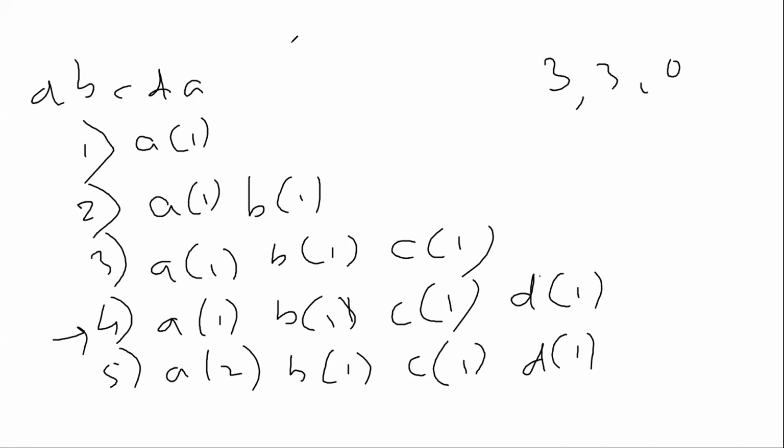In that case, this third index will be B. So I'll just come here, and this low value is also 3. So whatever is before 3, I will take this value and subtract it from this row.